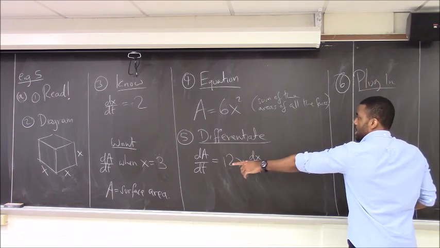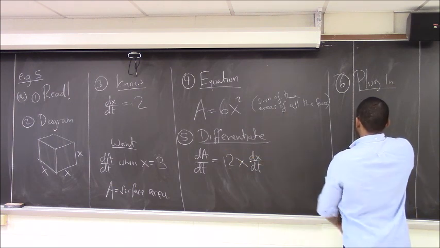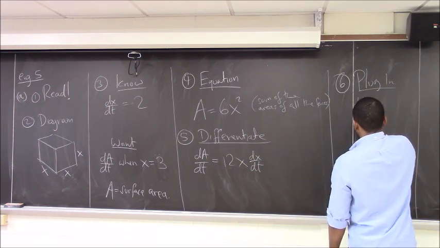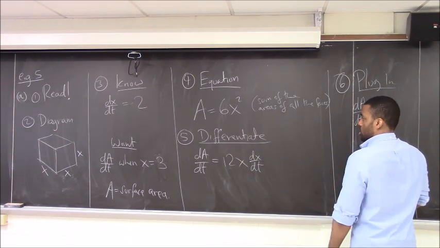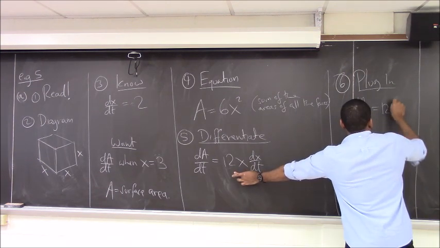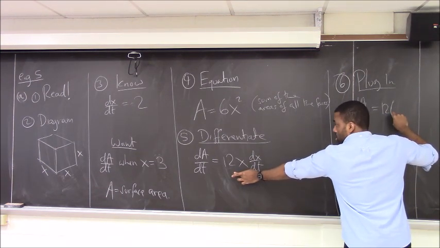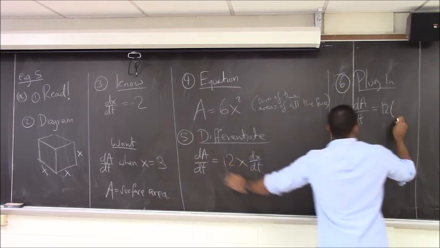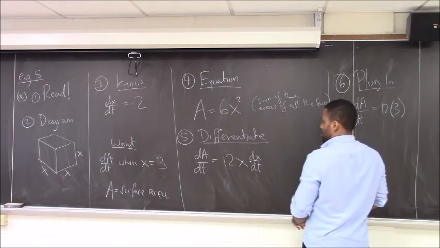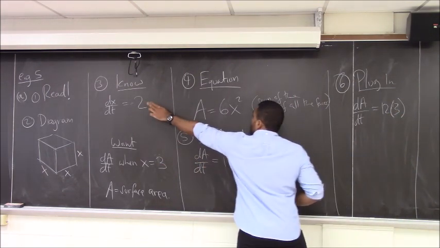So now dA over dt, do we know that? No, that's what we want to find, so that's just dA over dt equals 12 times x, which we know is 3, times dx over dt, which we know is 2.